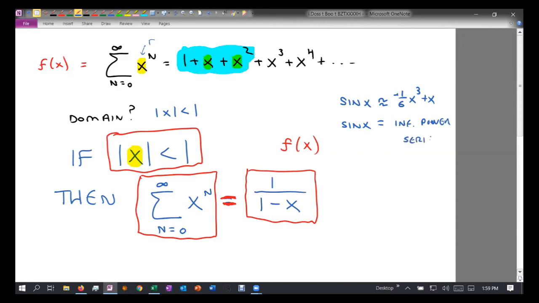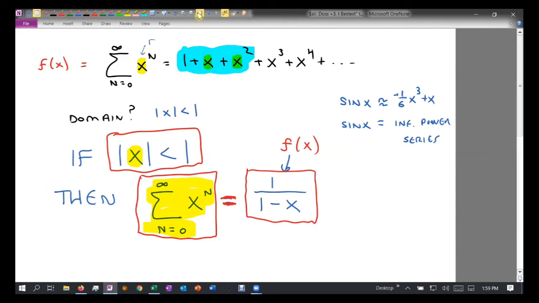I've just given you another example where we have some function, that's not sine x, that's 1 over 1 minus x. But we have come up with another way of representing that as an infinite power series. And that is so crucial to mathematics, this connection right here.